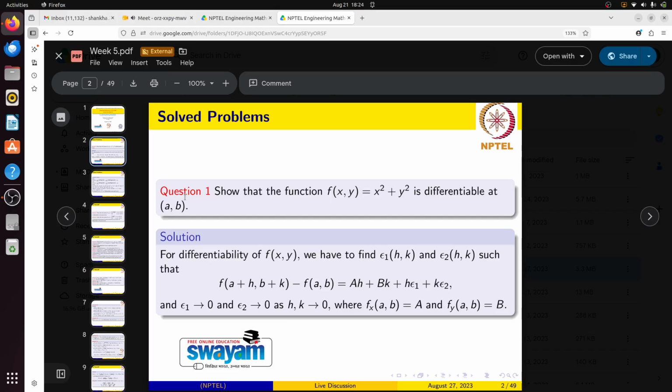And you need to show that epsilon 1 and epsilon 2 tend to 0 as (h,k) tends to 0, and your A and B are basically nothing but the partial derivatives at the point (a,b) with respect to x and y. So this is the definition of differentiability, and we need to show that x square plus y square actually follows this definition.